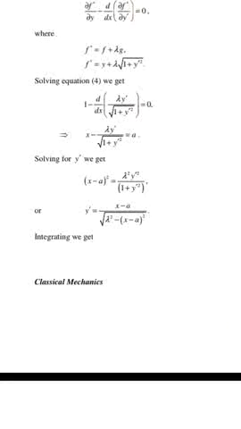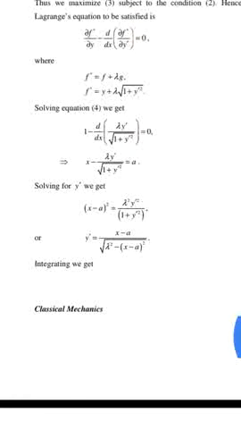Solving this, dF by dy is equal to 1 and dF by dy dash is equal to lambda y dash divided by square root of 1 plus y dash square, so we get 1 minus d by dx of lambda y dash divided by square root of 1 plus y dash square equal to 0.